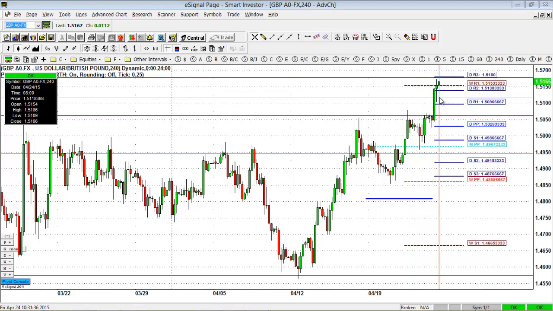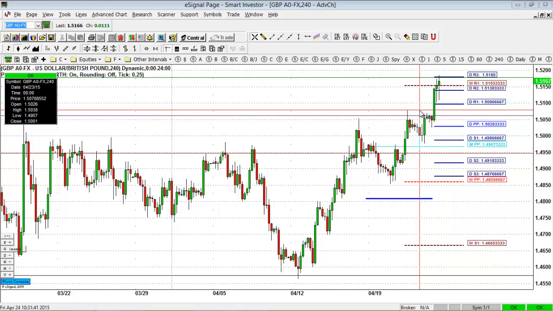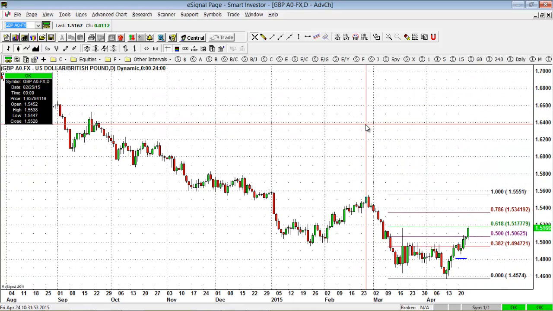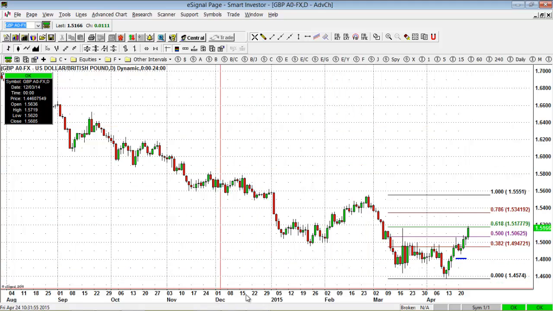Now, these pivot points are not always 100% accurate, but they can definitely give you a good indication of the range that the market may end up in for the week. So they are not 100% perfect, but they are an excellent tool.